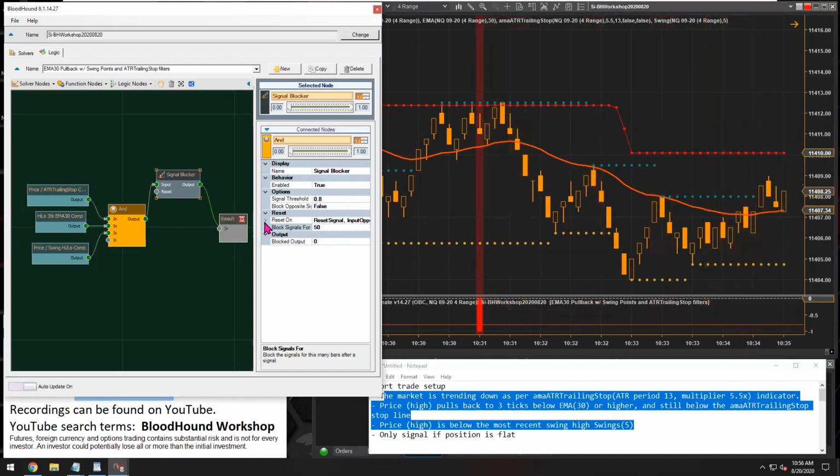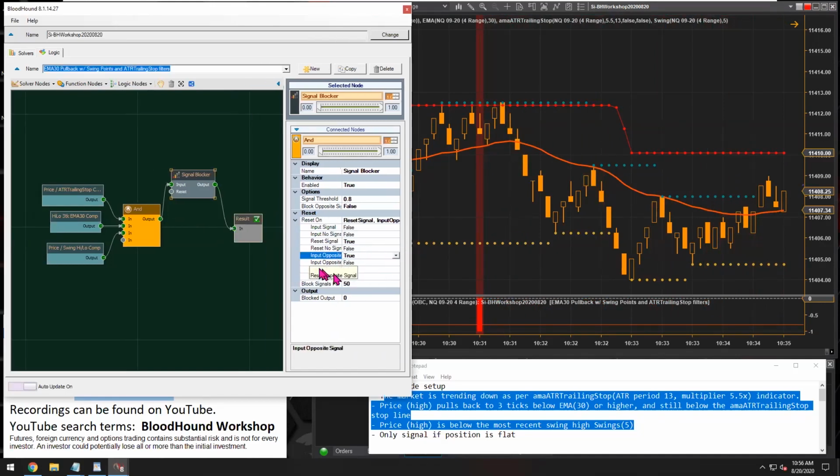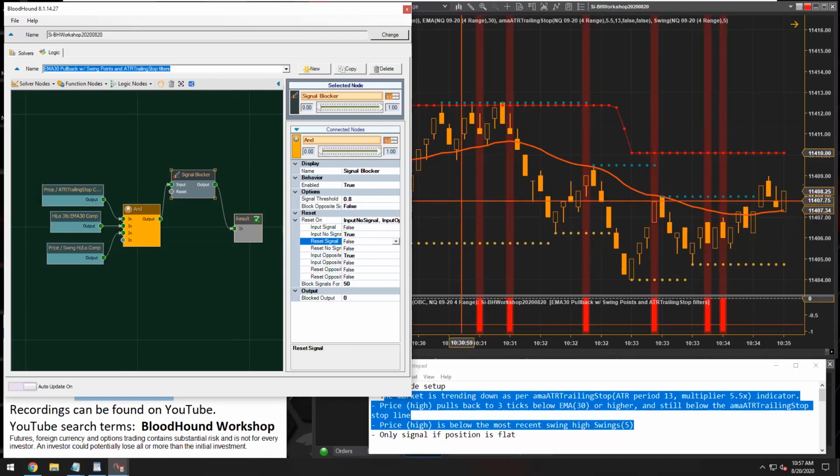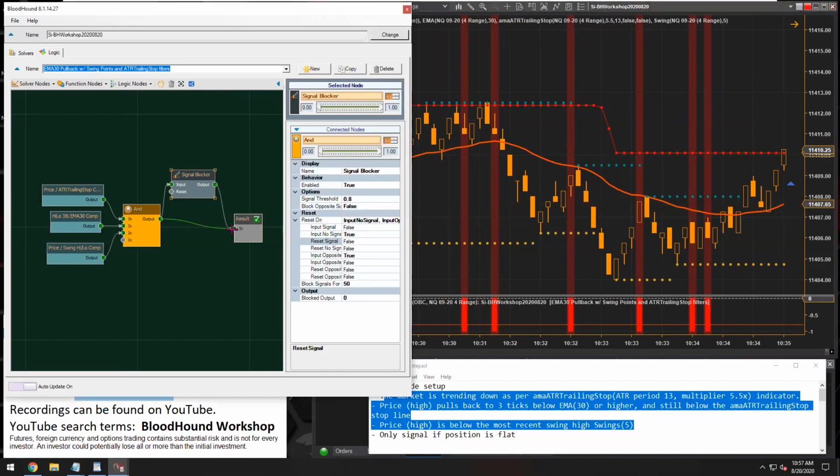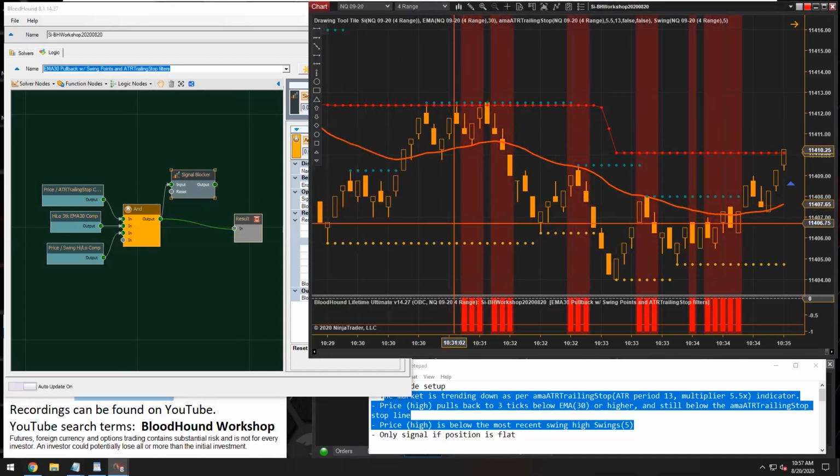So if we wanted to do that, let's see, input, there we go, input, no signal. Turn that one on. We're not using the reset signal, so we'll turn that off. And there we go. So now we'll see the signal on the first bar here. And if there's a gap, then another signal will come through.